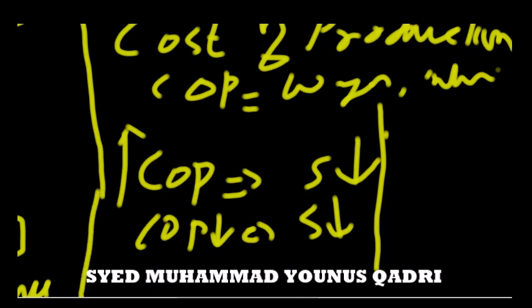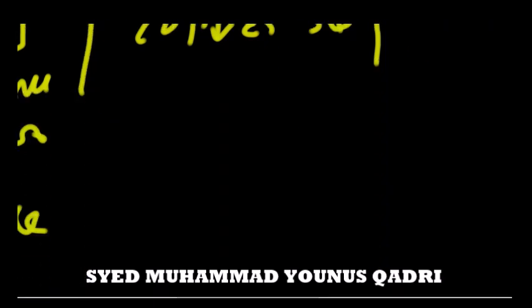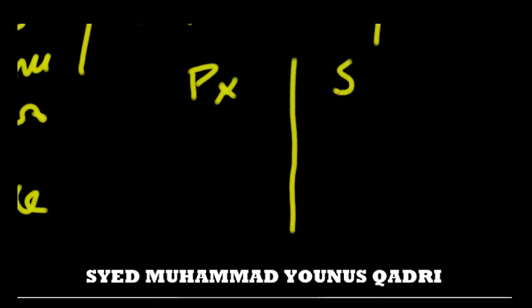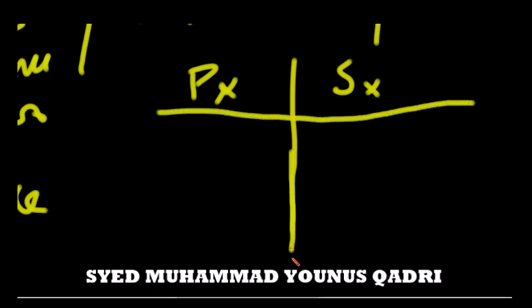Now we'll go to the schedule and diagram, which is very easy. Like in the case of the demand curve, we take the price of X and the supply of X. That is the schedule, for any commodity.